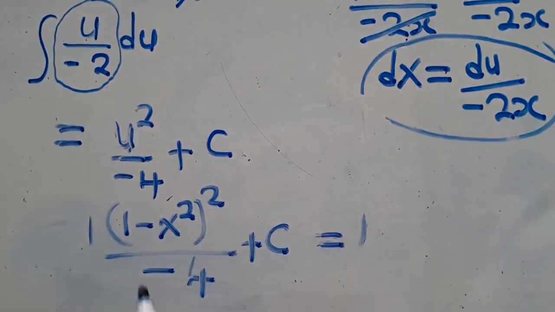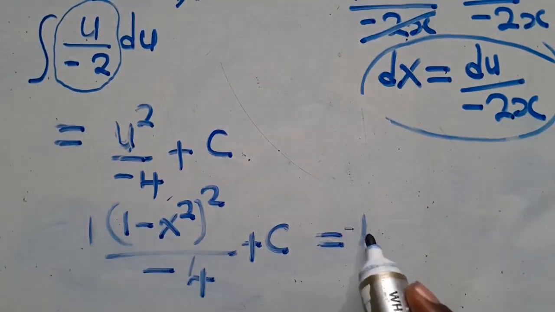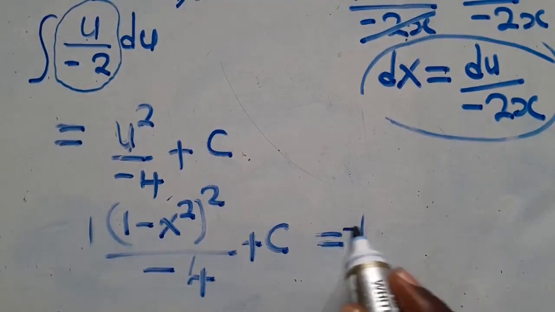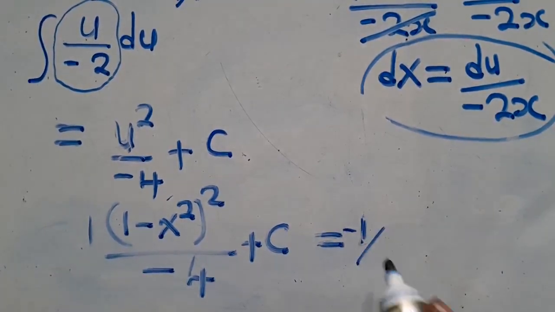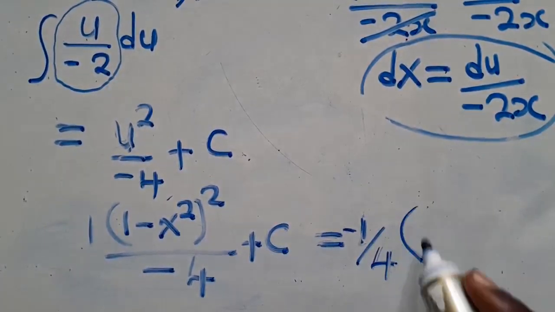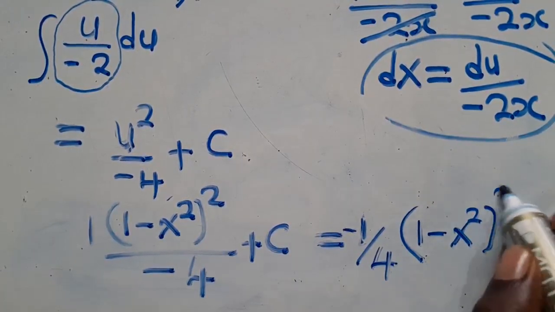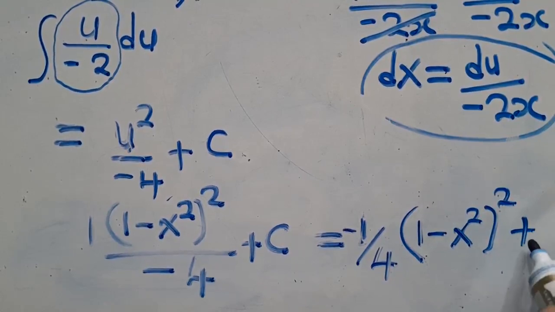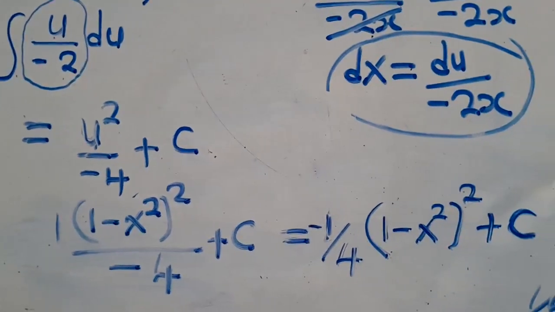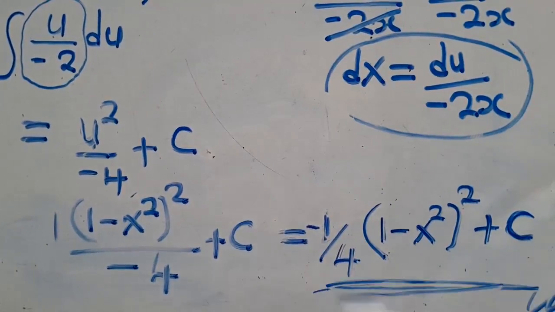So the negative goes on top: negative 1 over 4, then open bracket, 1 minus x squared, squared, plus c. You need to put a c, just part of the formula. So this is how you need to go about it. This is the substitution method. This is how you need to answer that.